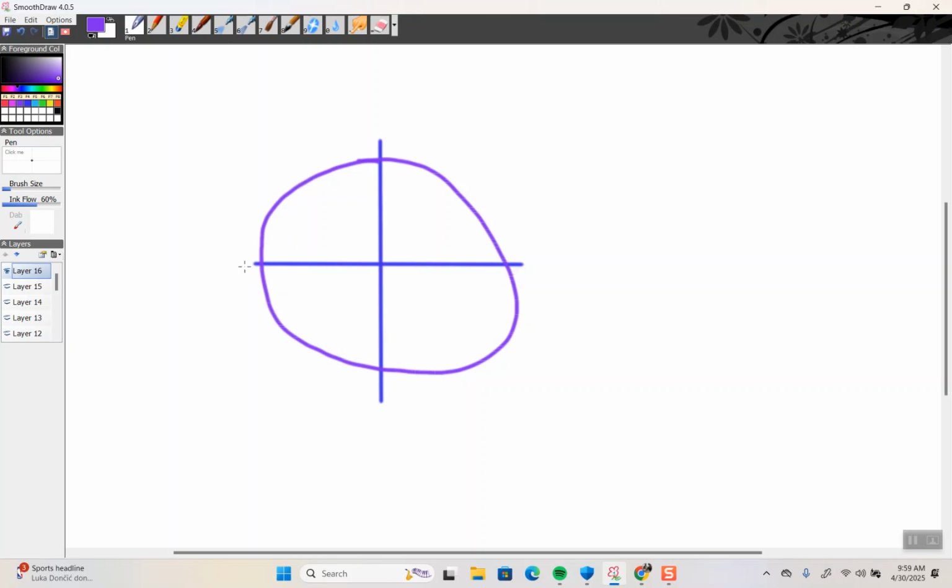The Butterworth is trying to evenly distribute things as it goes on. It's trying to distribute it like that.